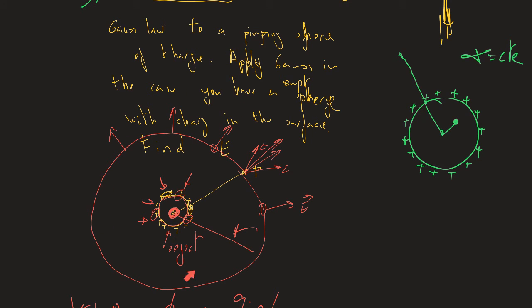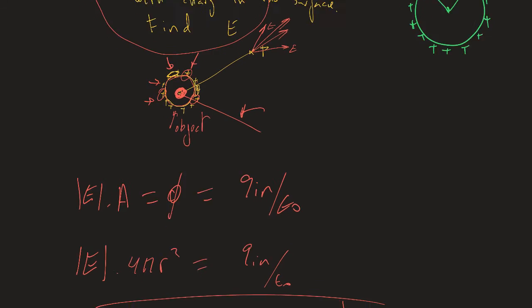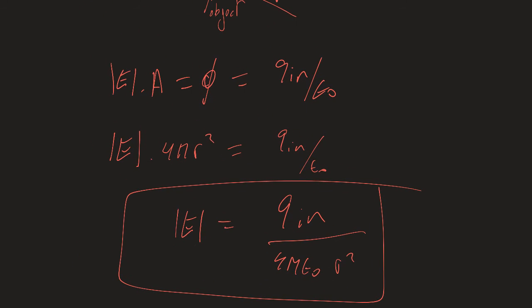If I walk around the whole surface of this imaginary surface, it will be E by the area. This is the flux. And E by the area will be the magnitude of E by 4 pi r squared, the radius of the imaginary Gaussian surface. And this will be Q inside divided by epsilon 0.